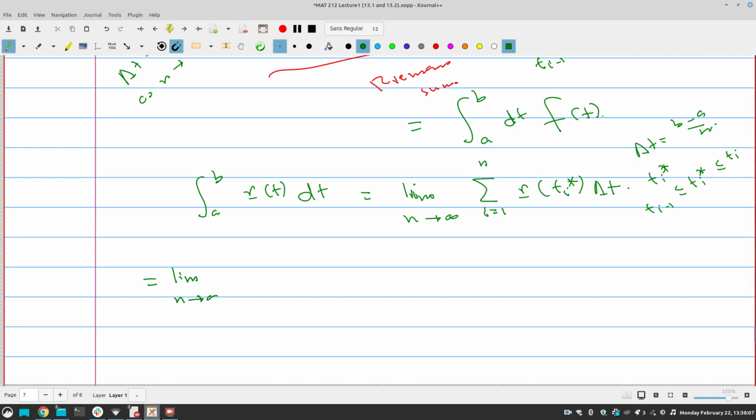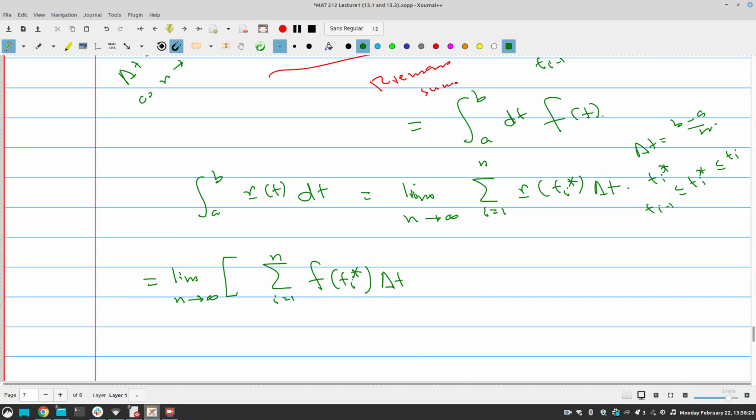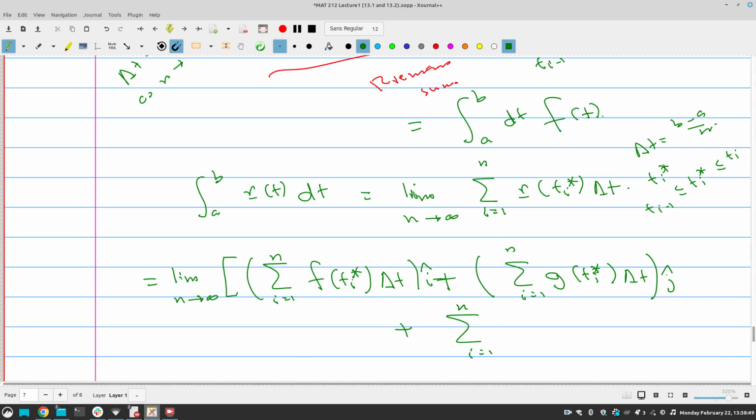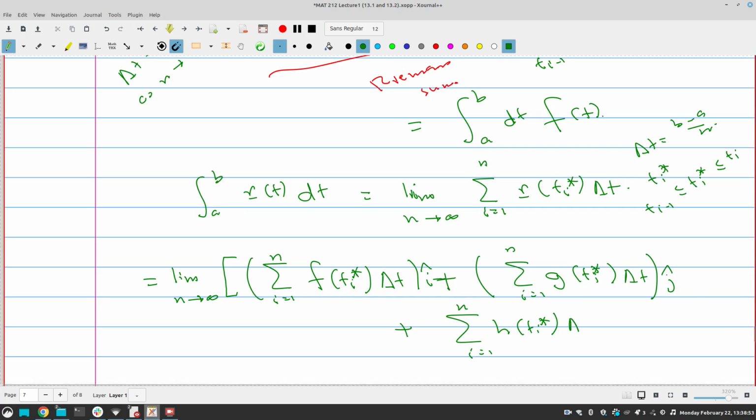So you have the limit as n goes to infinity of the summation from i equals 1 to n of f of ti star delta t times i hat, plus the summation of g of ti star delta t times j hat, plus h of ti star delta t times k hat.